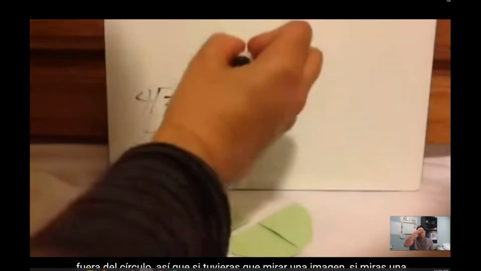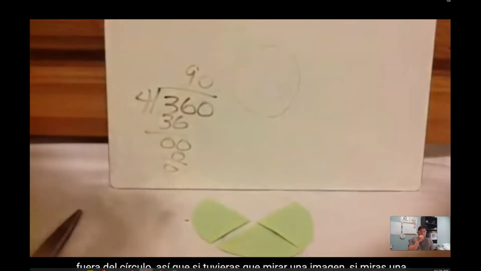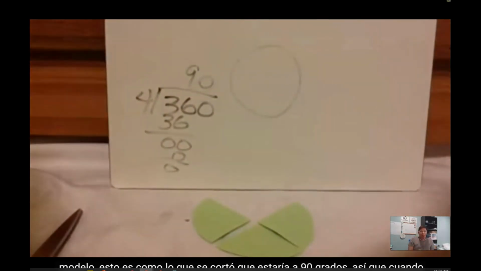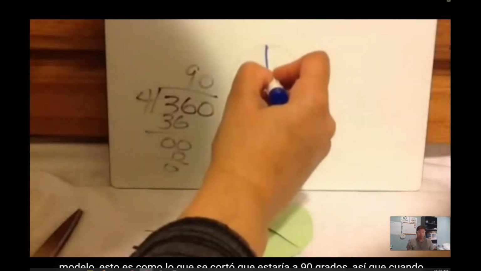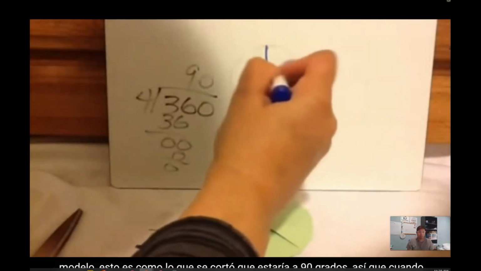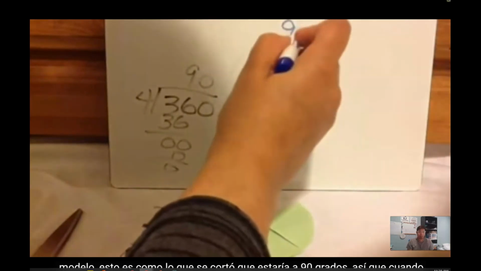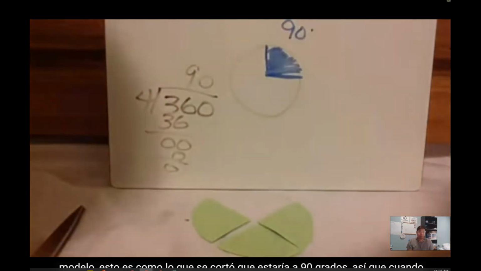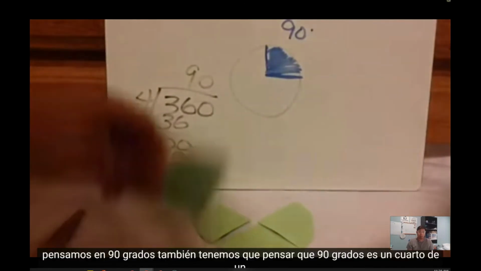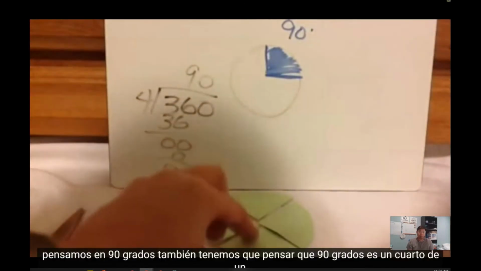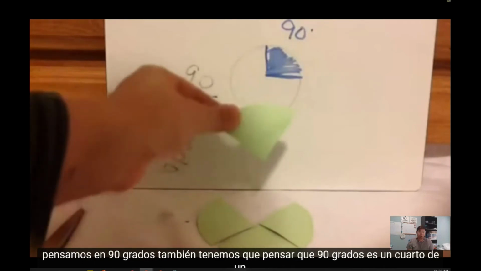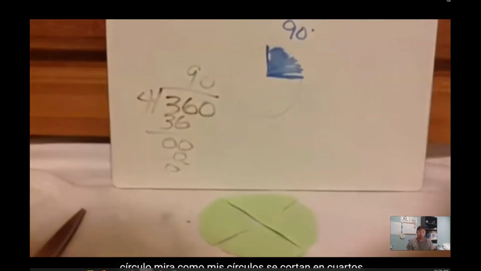So if you were to look at a visual model, this is what's cut out. That would be 90 degrees. So when we think of 90 degrees, we also need to think 90 degrees is 1/4 of a circle.